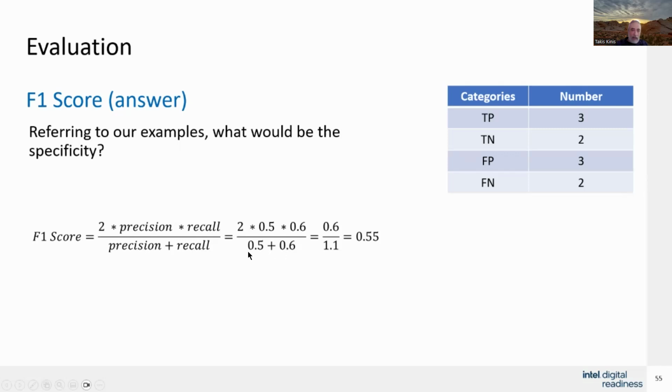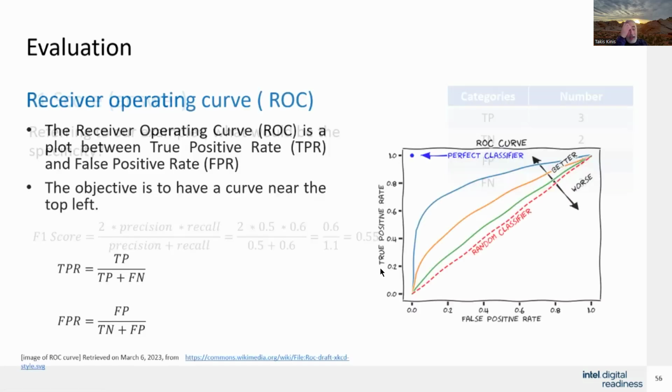Then we add together the 50 and the 60% down here. We come up with a 1.1 in the divisor and a 0.6 up top, which works out to an F1 score of 0.55. I'm just showing you guys how the math works here.